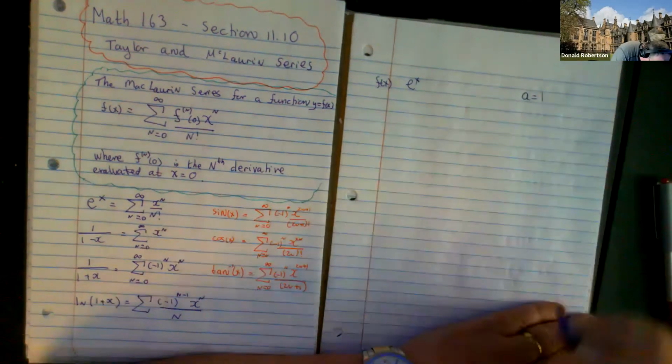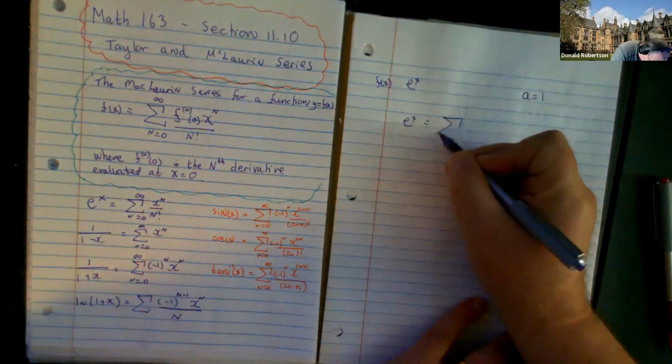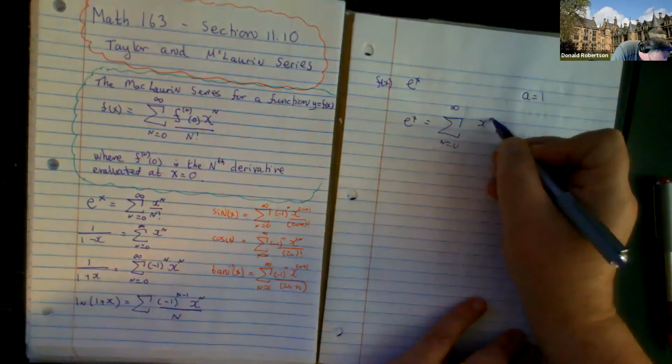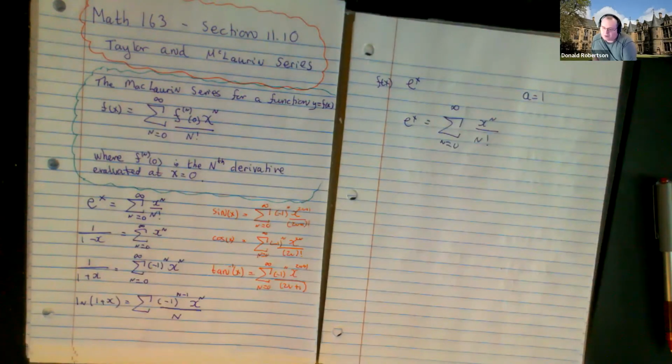Now, I know what e to the x is. So far, so good. So I want to know what it would look like at 1.